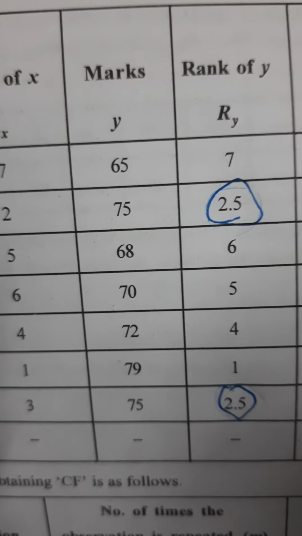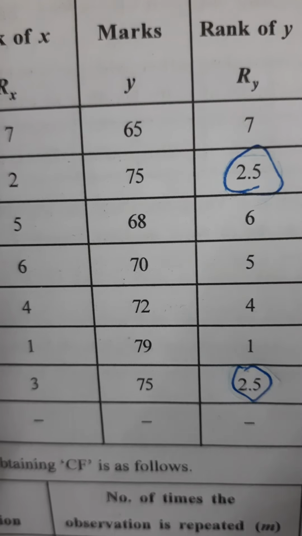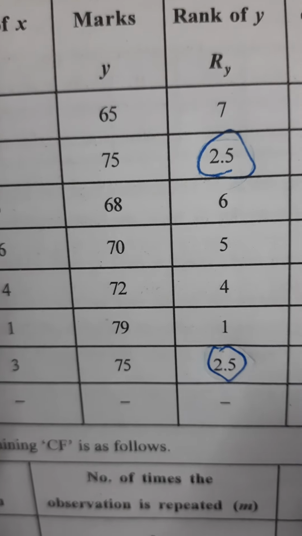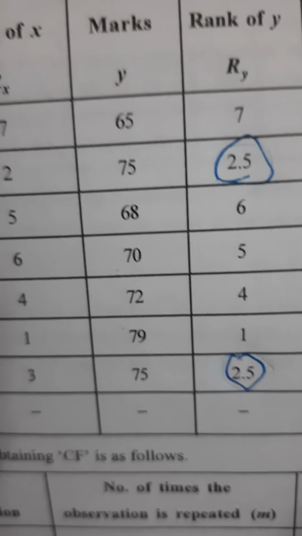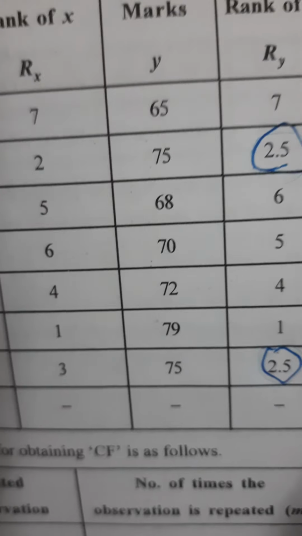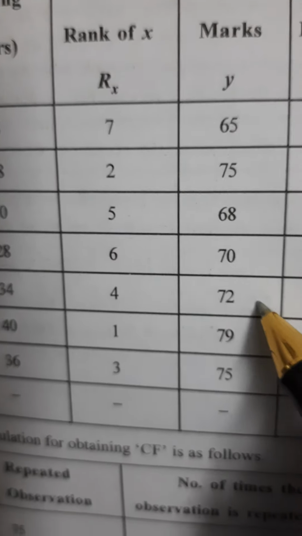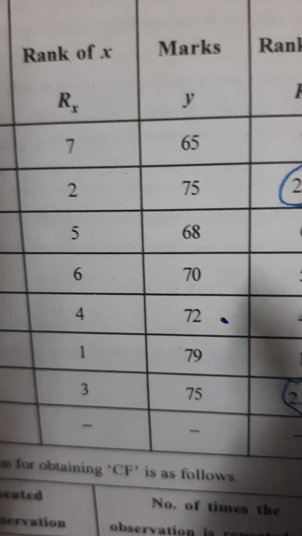This is what happens when a tie is given. Now the next rank is not the third rank, it is the fourth rank, because three ranks are already given, though two ranks are the same. So the next mark, 72, is going to get the fourth rank. Then the fifth rank, and it goes on like that.